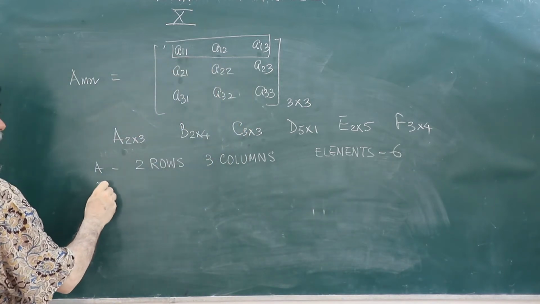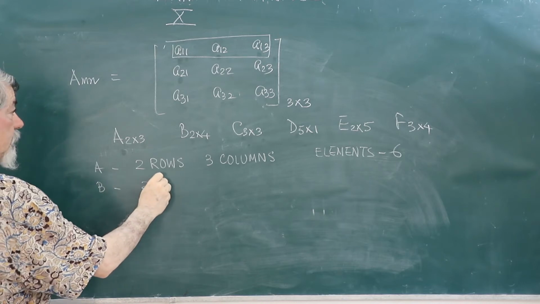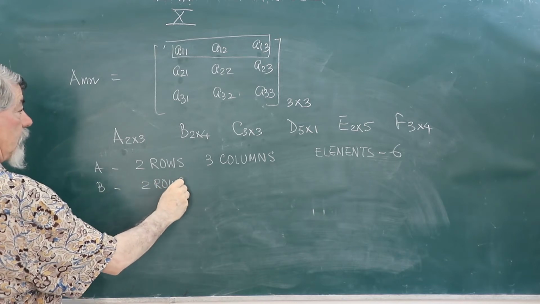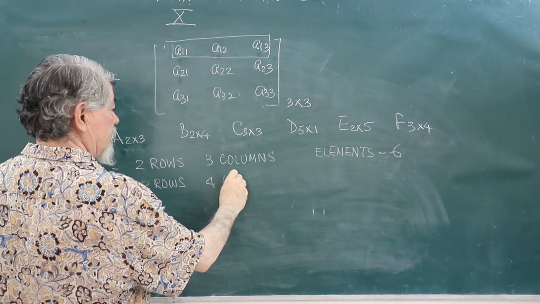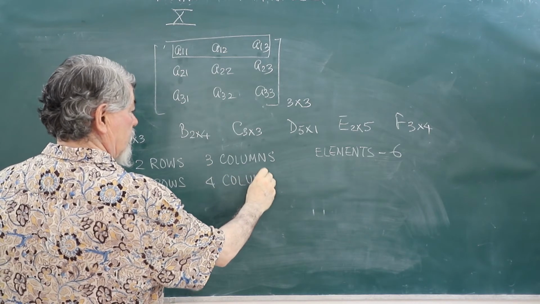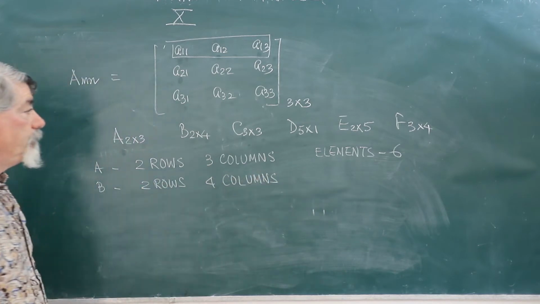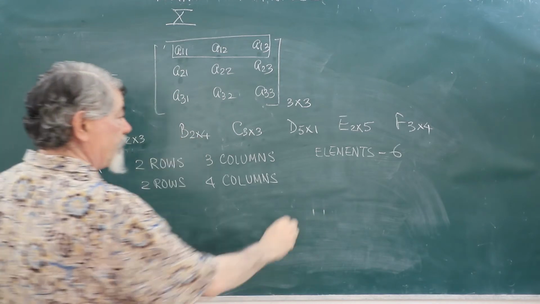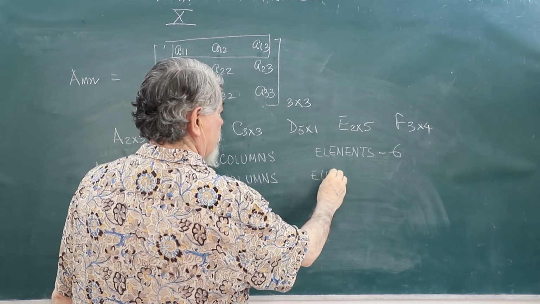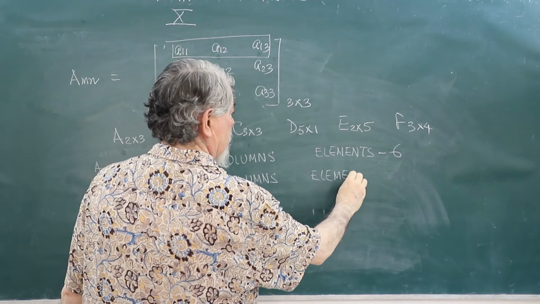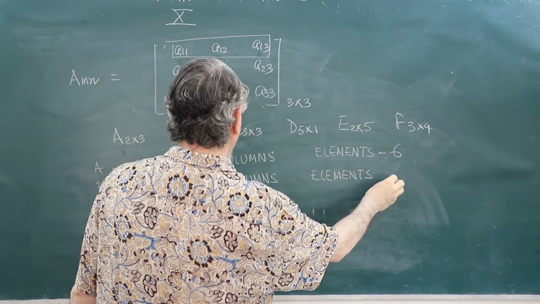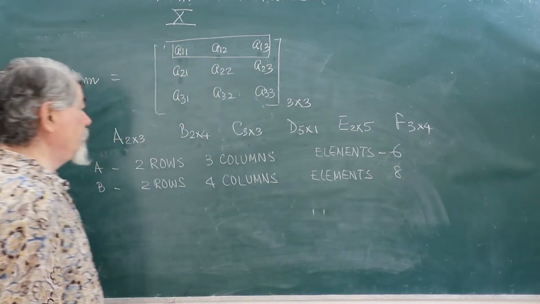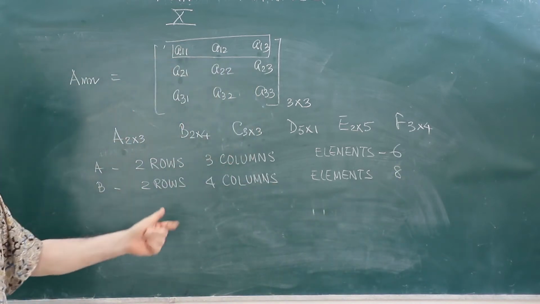Now for example, B has 2 rows and 4 columns. How many elements will it have? The number of elements this matrix will have is 8.